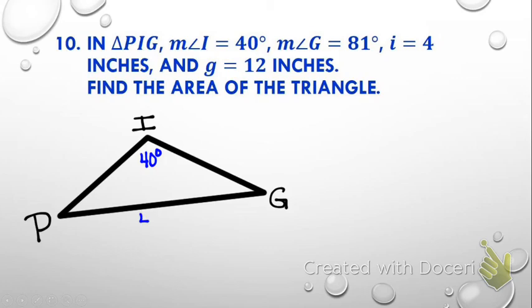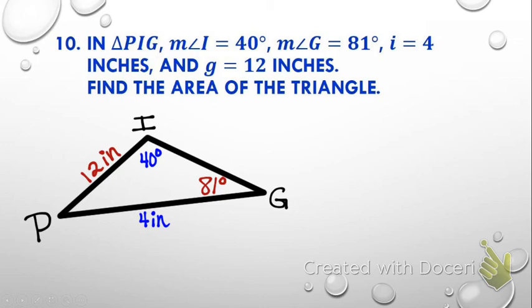Side length of I is 4 inches. What else do we have? Angle G is 81. Side G is 12 inches. Do I have side angle side? I can get it.